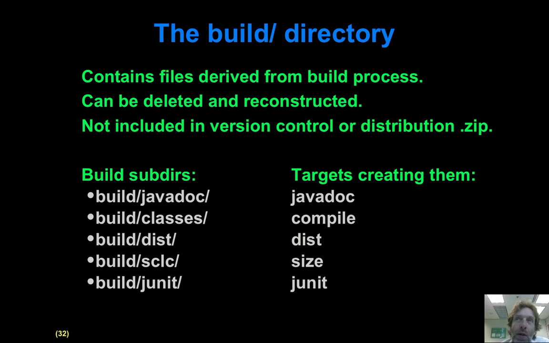You'll go in there sometimes, but mainly you won't write any files there directly. That's the directory where Ant will place things, like all the .class files generated from compile. The HTML files generated by JavaDoc will go in a subdirectory of the build directory. The unit test results from JUnit will go in a subdirectory of the build directory, and so forth.